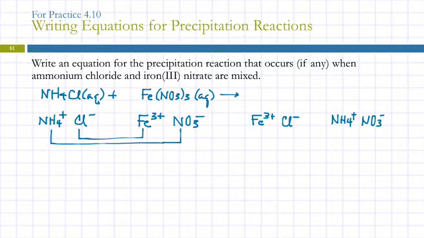Chlorides are generally soluble except for silver, mercury 1, or lead 2. This is not an exception. This one's soluble. How about this one, ammonium nitrate? Very soluble. There's no precipitate that forms. There's no reaction.